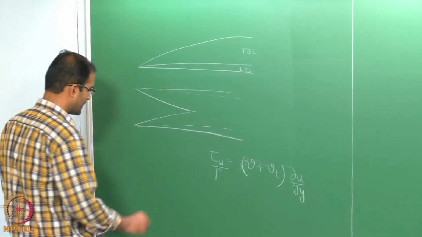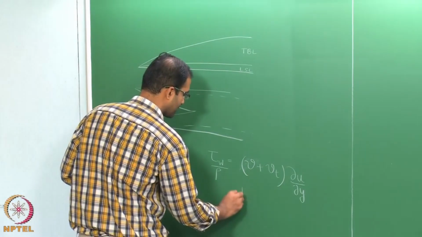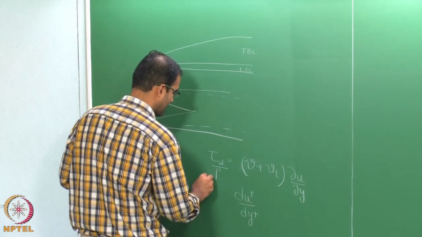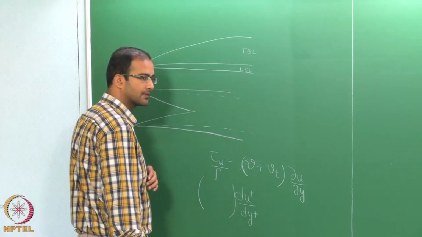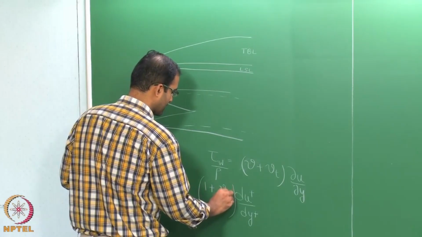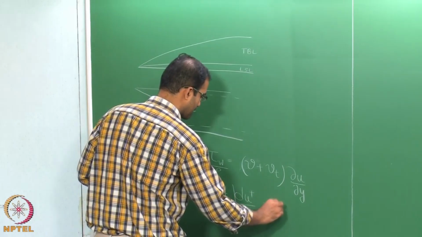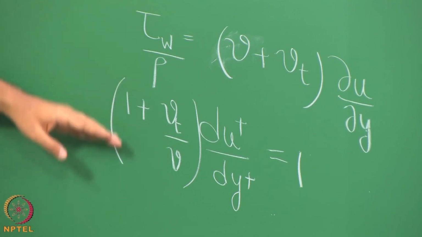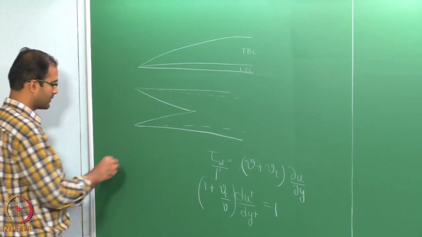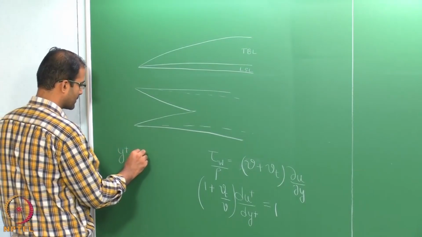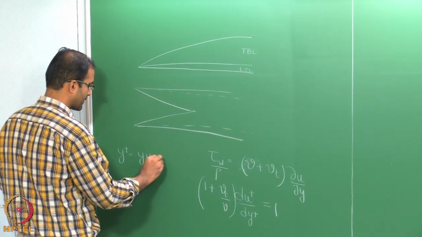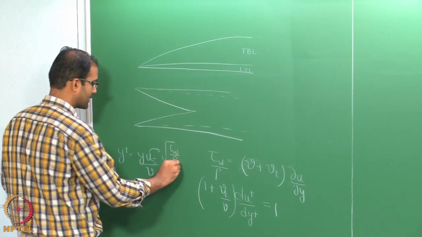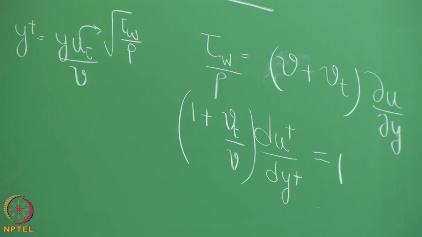From this we arrived at the expression in terms of the non-dimensional velocity profile and the non-dimensional y coordinate, y plus: 1 plus nu t by nu, which is equal to 1. We manipulated this equation so that we can cast it in non-dimensional u plus and y plus, where y plus is equal to the dimensional coordinate y times u tau by nu. Here u tau is the friction velocity, which is the square root of wall shear stress by rho. So these are your turbulent parameters.